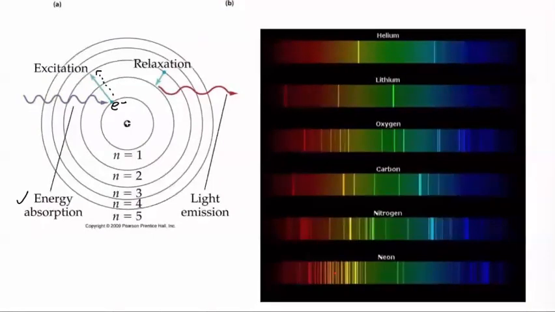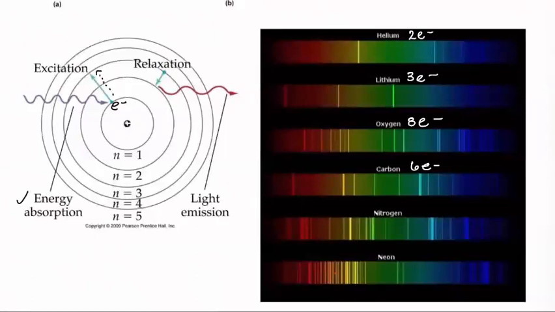As we increase the number of electrons, compared to hydrogen, helium only has 2 electrons. Lithium has 3 electrons. Oxygen has 8 electrons. Carbon, specifically, has 6 electrons. Then the line spectrums get more complicated. His equations were not working.